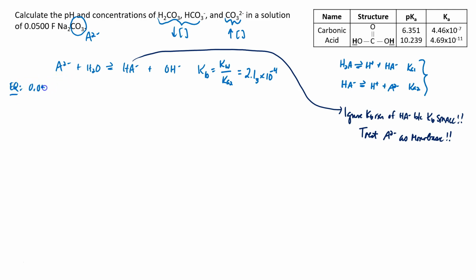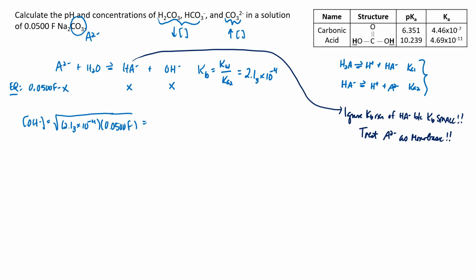That'll be 0.0500 formal minus x for A-2, x for HA-, and x for OH-. But let's try quick and dirty. Fingers crossed. Let's hope it works. OH- is equal to the square root of our Kb, which is 2.13 times 10 to the -4th, times our formal concentration, 0.050 formal.